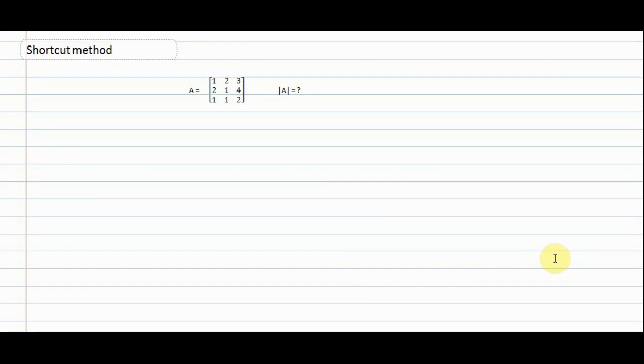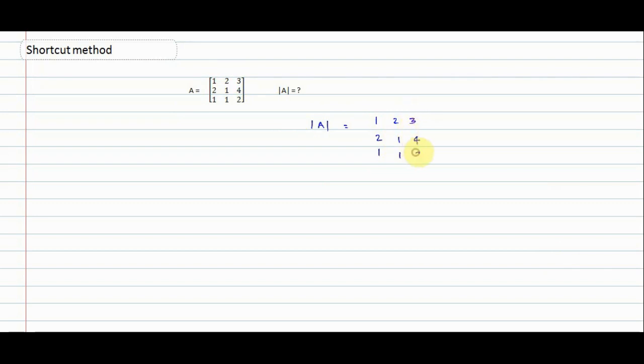Now let's familiarize a shortcut method to find the determinant of a 3 by 3 matrix. Suppose our matrix is this one. We can make use of the direct equation that we just learned to calculate the determinant value, but we have a simple method to calculate the determinant value. So that is this one. What we have to do is just write the elements present in the matrix in the same order as given in the matrix.